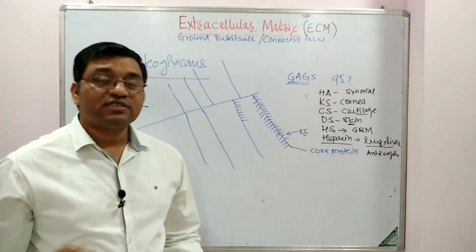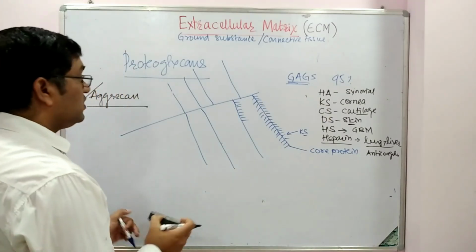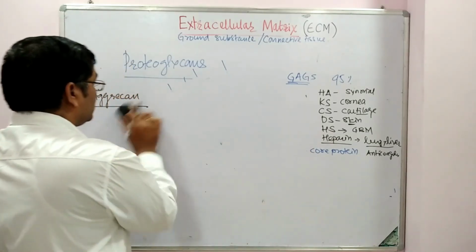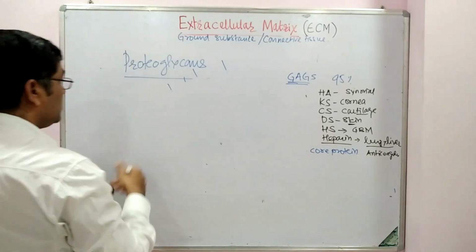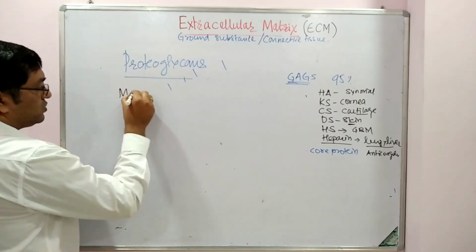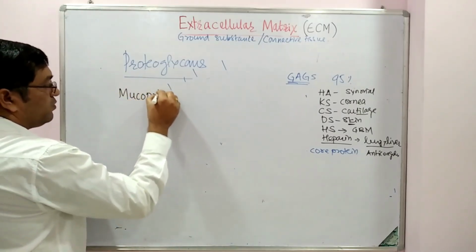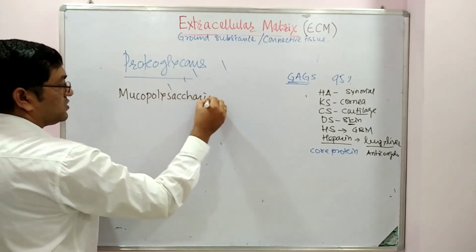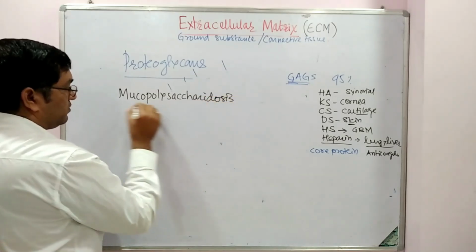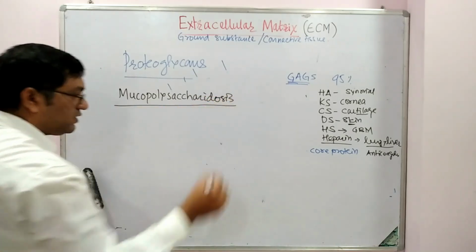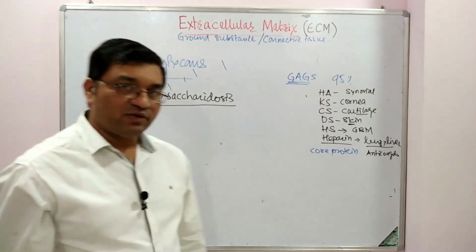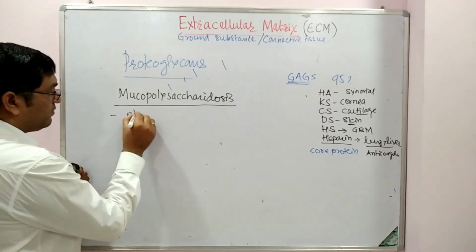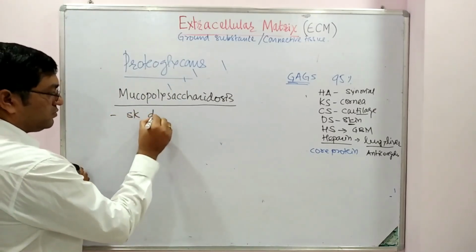Now what are the disorders related to glycosaminoglycans and proteoglycans? They are known as mucopolysaccharidosis. What are the general features of mucopolysaccharidosis? Skeletal deformities are there.